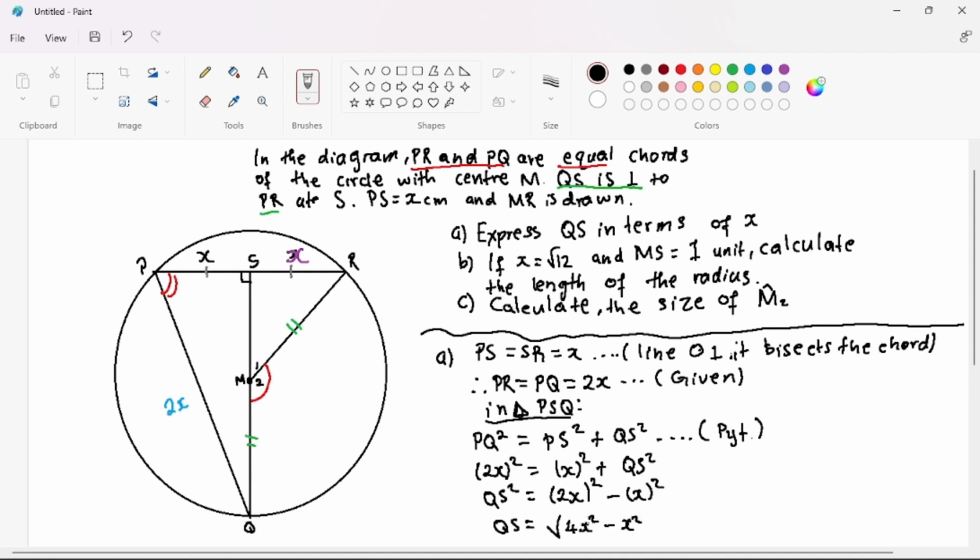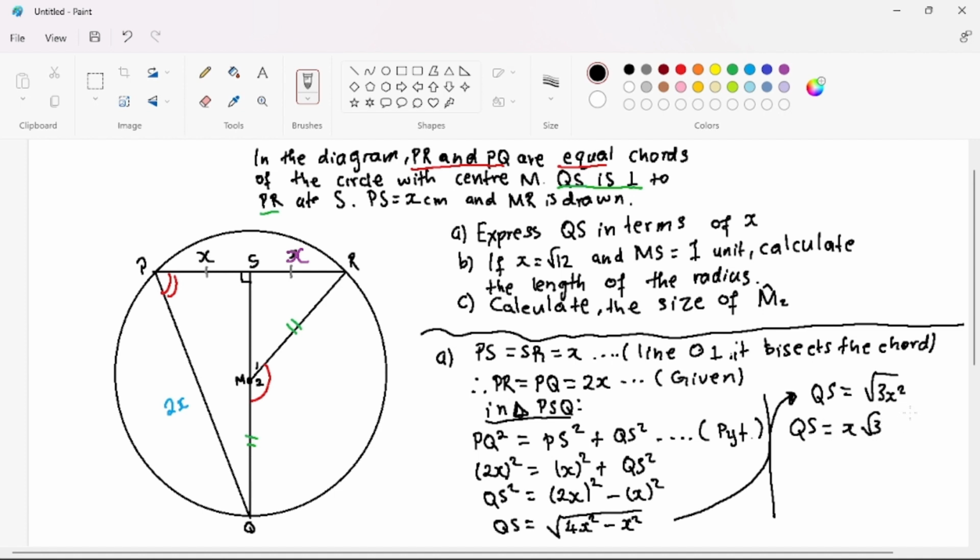So QS squared is basically equal to 4x squared minus x squared, which is 3x squared. And then you can simply write QS as x root 3.